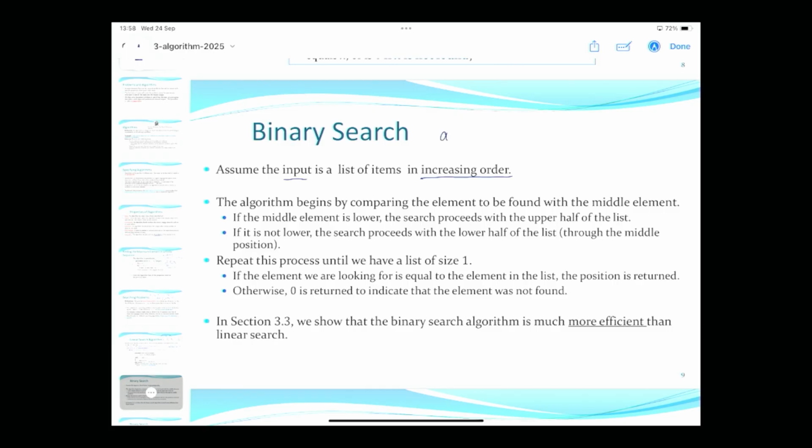So A1 is the smallest one and AN is the largest element in the list. It has to be done this way first before we can use binary search.